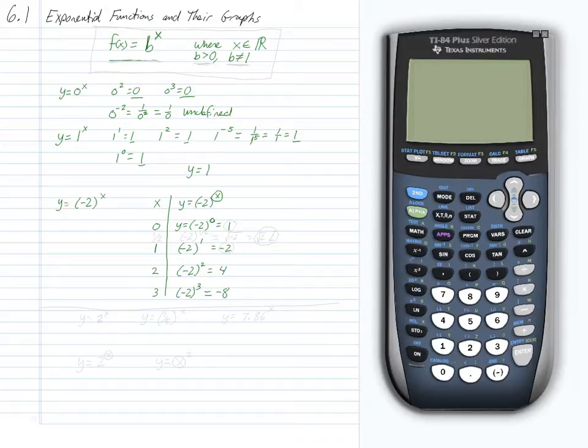What if we were to plug in x equals 1/2? That would give us negative 2 to the half power. The half power is another way of saying the square root of negative 2, and the square root of negative 2 is the square root of positive 2 times i. So sometimes we get positive outputs, sometimes negative outputs, and sometimes complex outputs. So this function is just very strange.